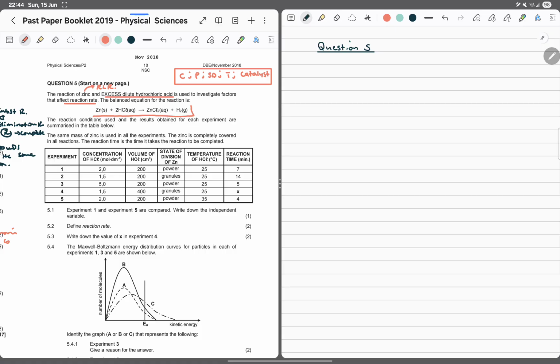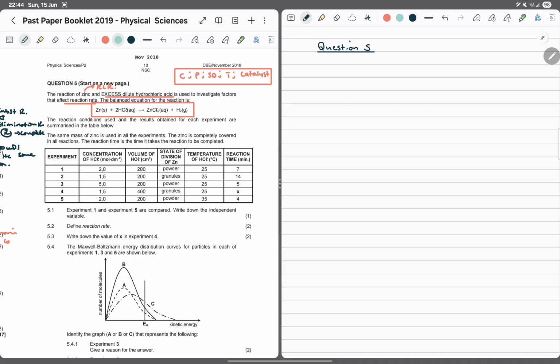I like to classify what type of reaction it is, because many students do not even know what type of reaction this is. And sometimes knowing this piece of information can actually help to answer questions much more adequately.